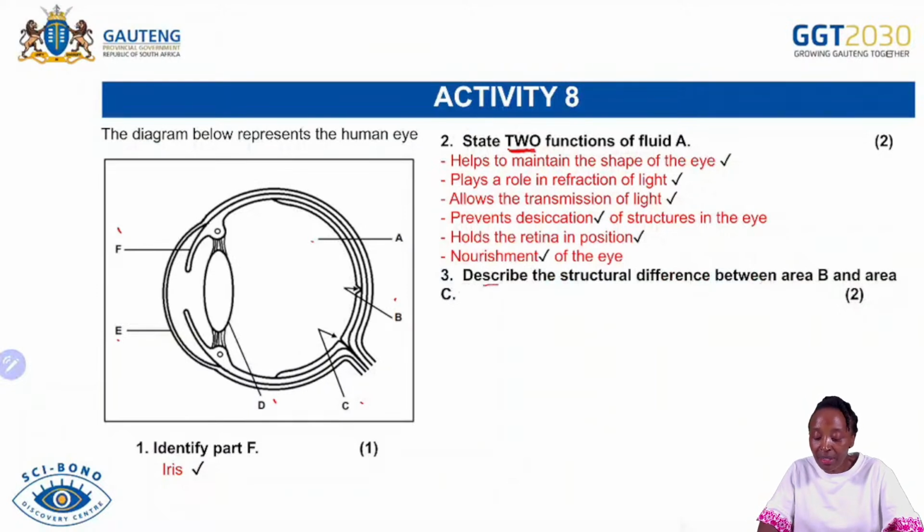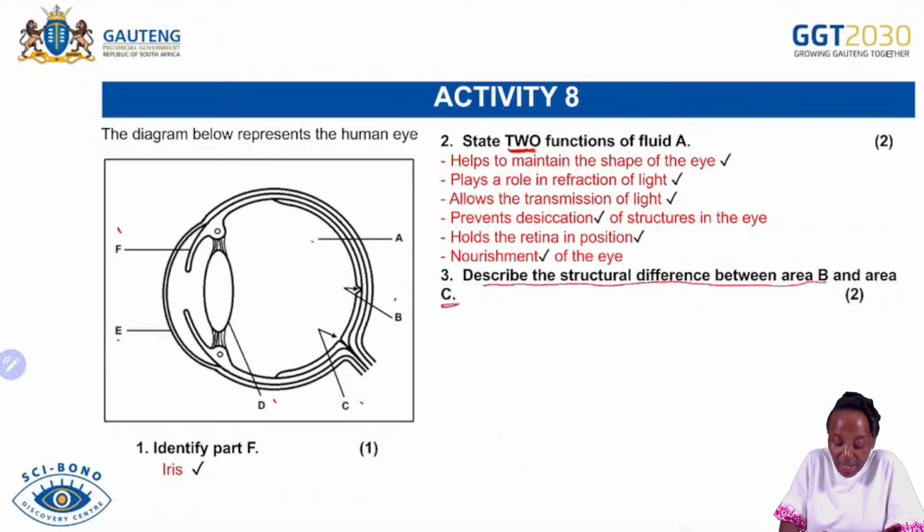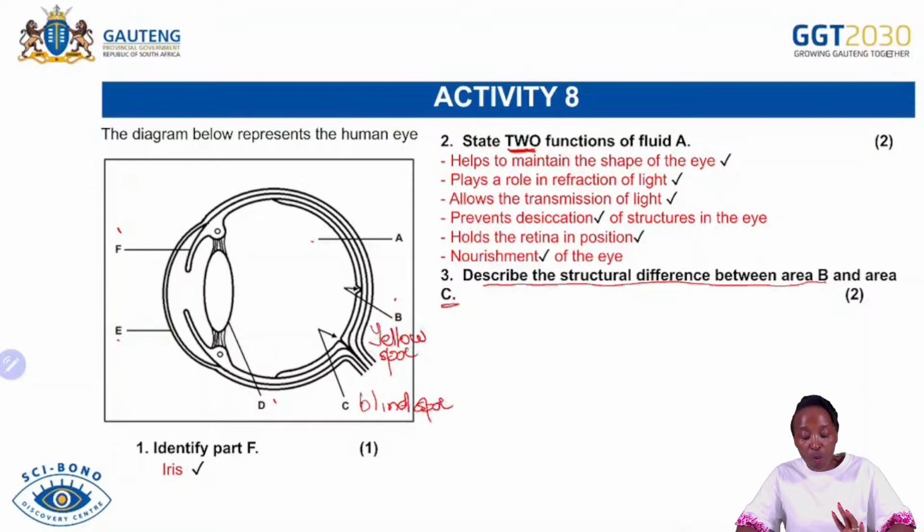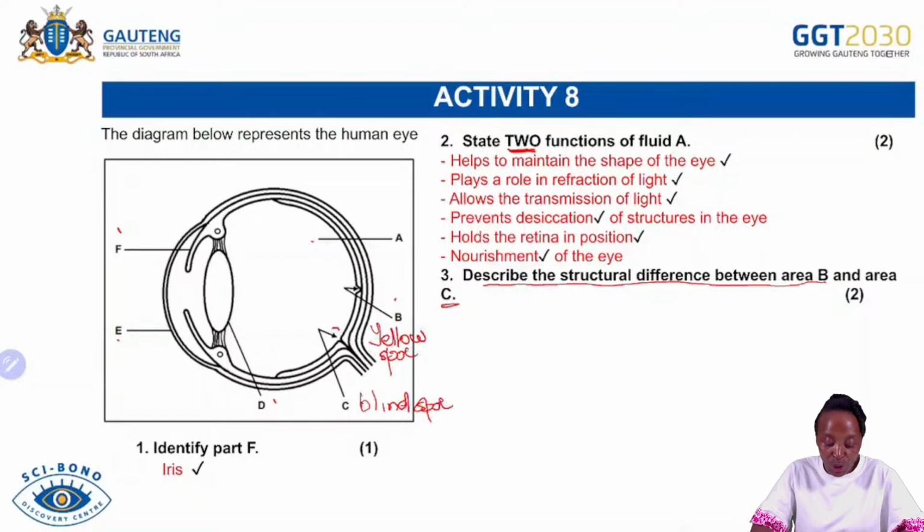Then describe the structural difference between area B and area C. So area C, we said C is the blind spot. And then we said area B, this is the yellow spot. From what you were told, we know that here there's no image that falls onto the blind spot because there are no photoreceptors.